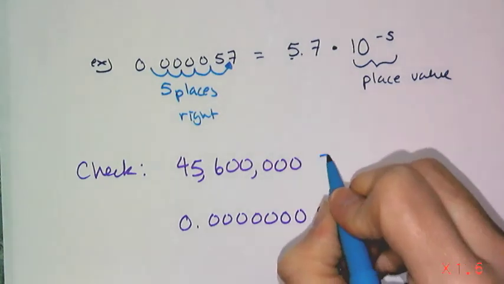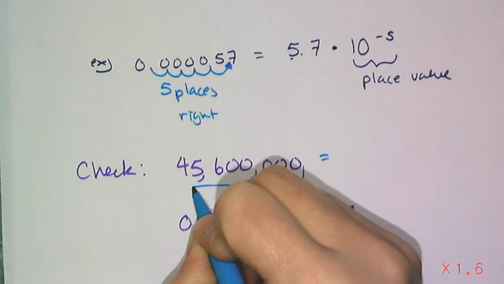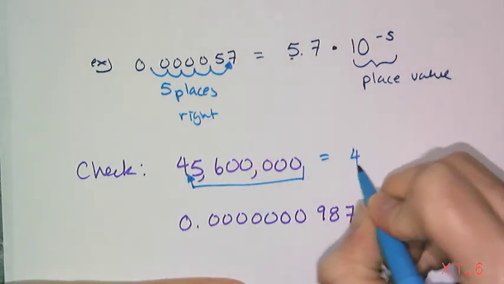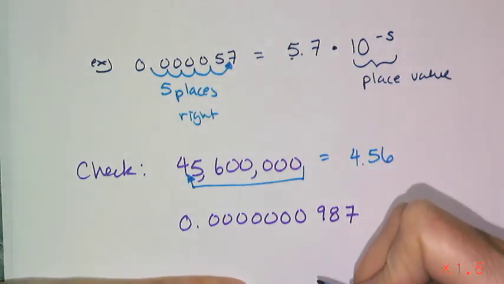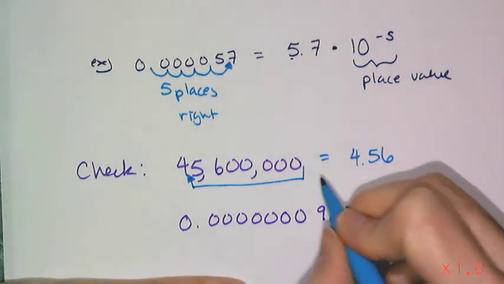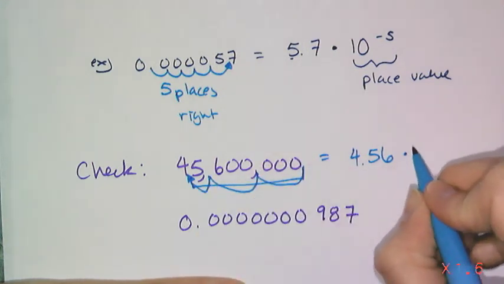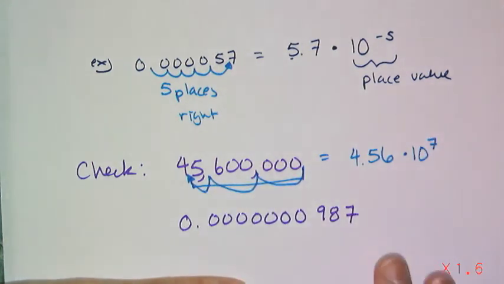I'm going to move my decimal so that I have a number between 1 and 10, so that's 4.56, and I have to count how many places I move the decimal, 3, 6, 7, so that's times 10 to the 7th power.